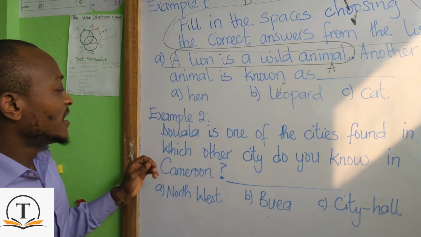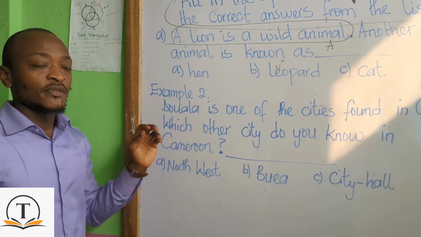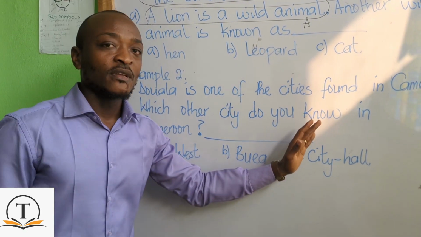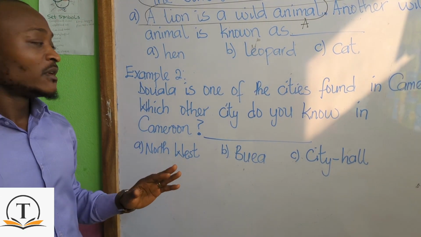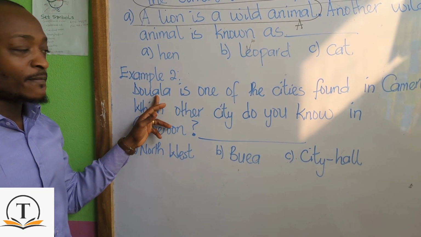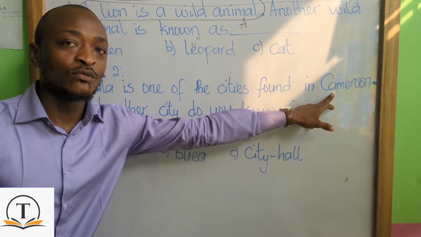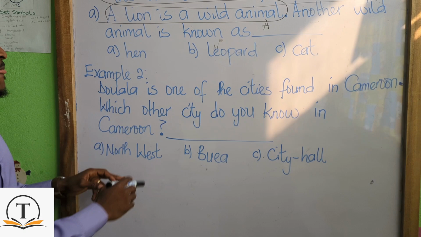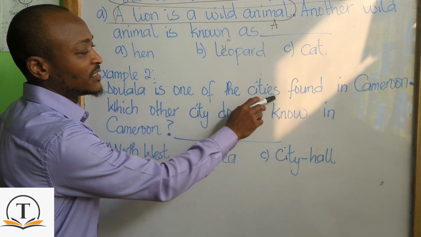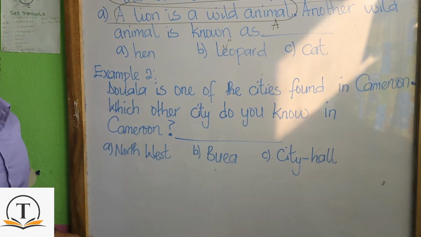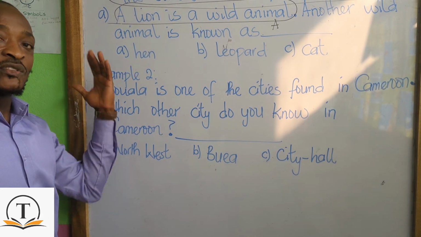All right, example number 2. I'm going to read through the sentence and I give you a few minutes to do this at home. Douala is one of the cities found in Cameroon. Already, there are many cities in Cameroon.